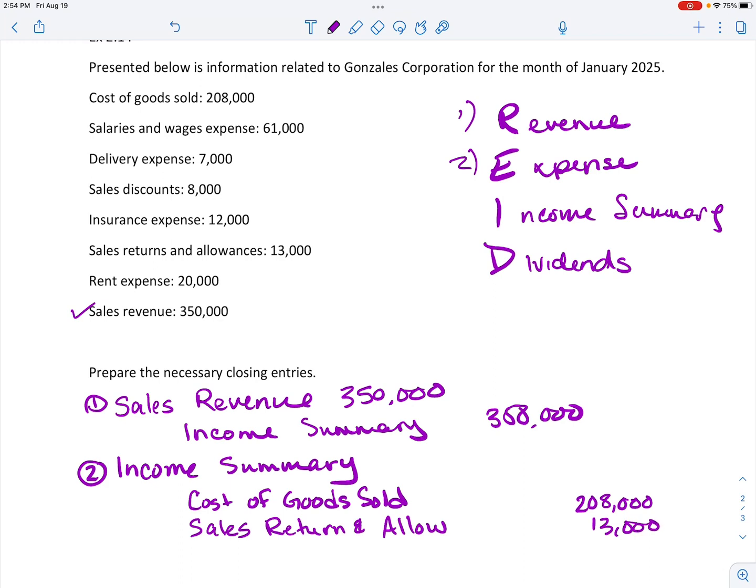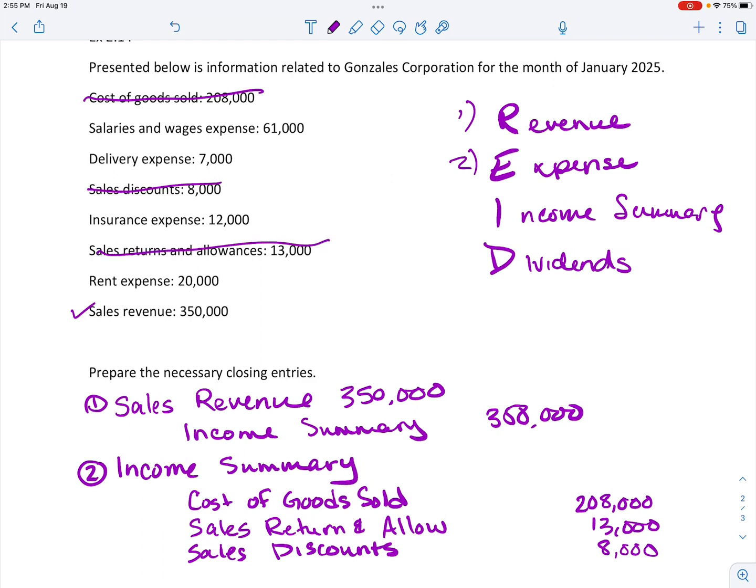Don't forget the sales discounts, which is $8,000. I'm going to start crossing these off so they're easier to find.